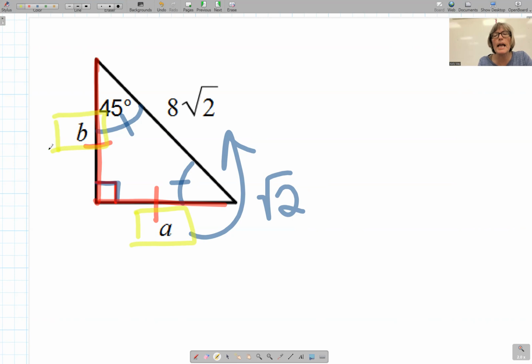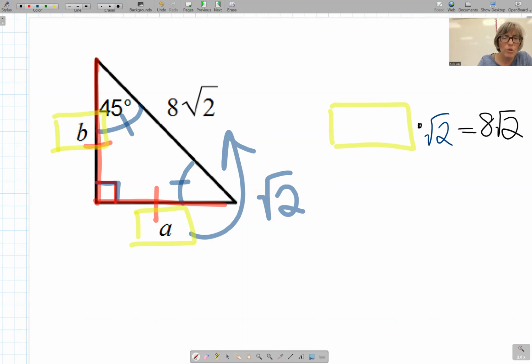So it reads like this. Some sort of leg times root 2 will give us 8 root 2, which is our hypotenuse.